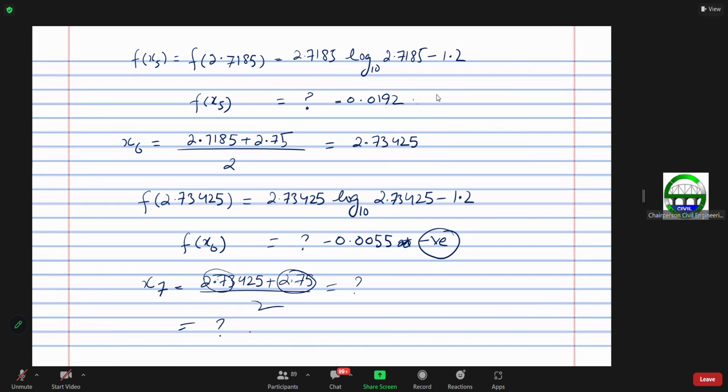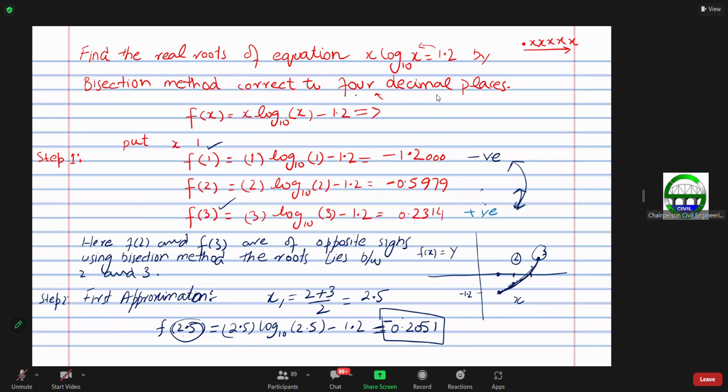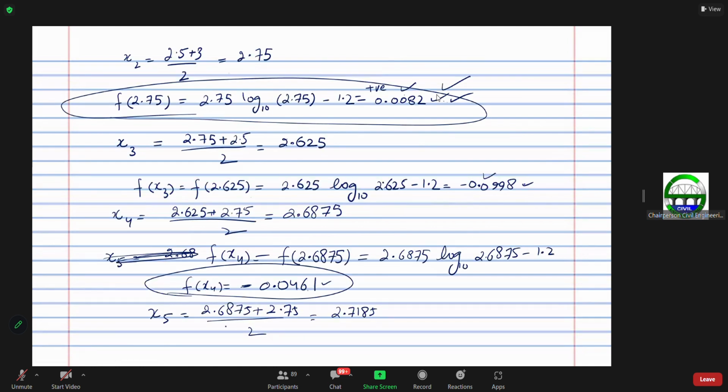If they ask for 4 decimal places, it means your 1, 2, 3, and 4 should be the same in both. So you have to keep trying and trying until you reach a proper value.